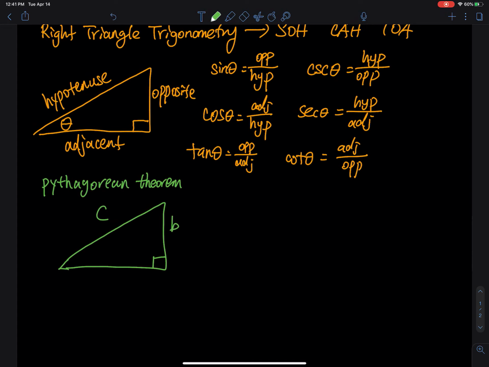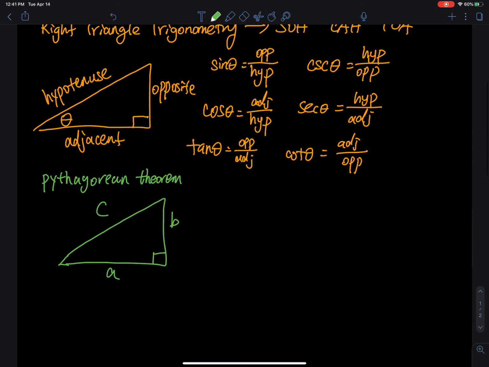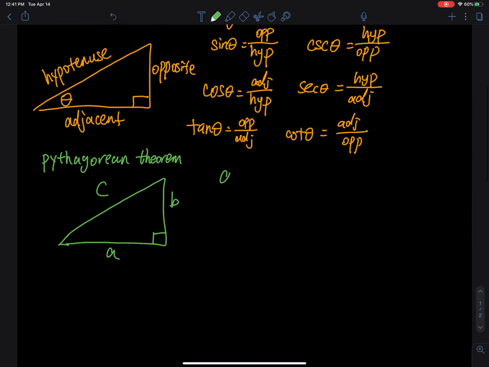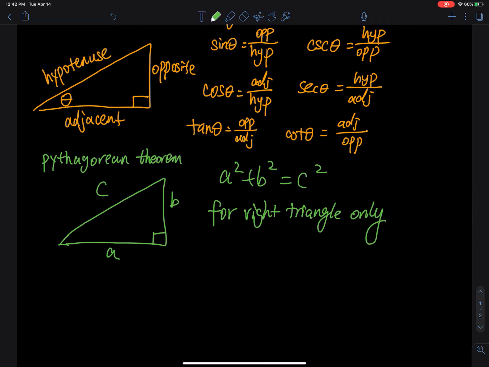This is A, this is C, this is B. What is the relationship between them? A squared plus B squared equals C squared. That works for right triangles only.